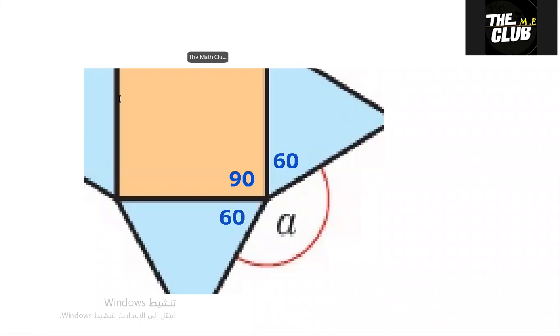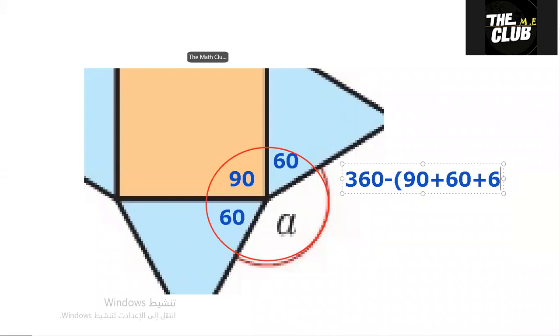The other fact that we know is that angles around a point always add up to 360. It means the sum of these angles is 360, and this is the information that we're going to use. So we're going to add all of these and then subtract them from 360. So 360 minus (90 plus 60 plus 60).